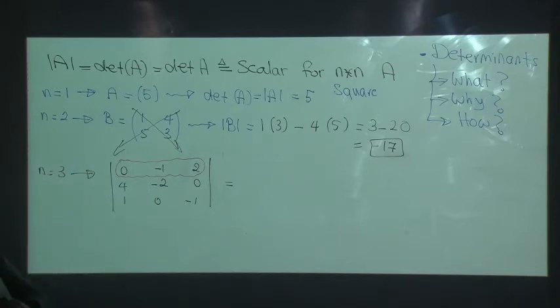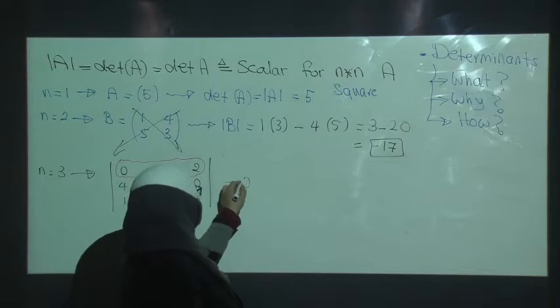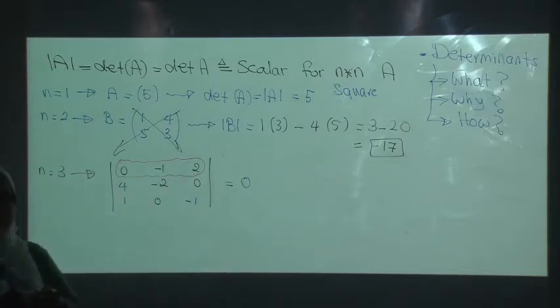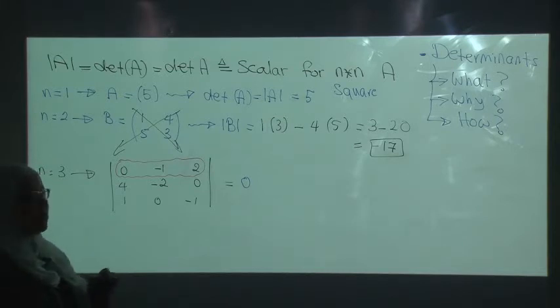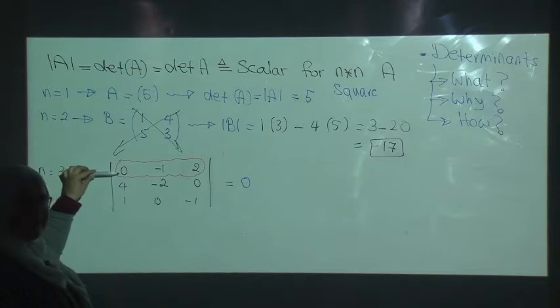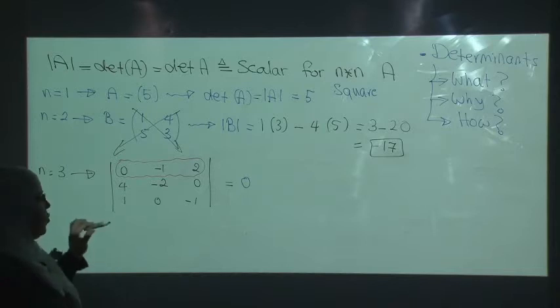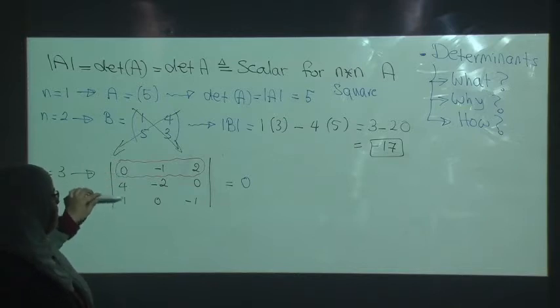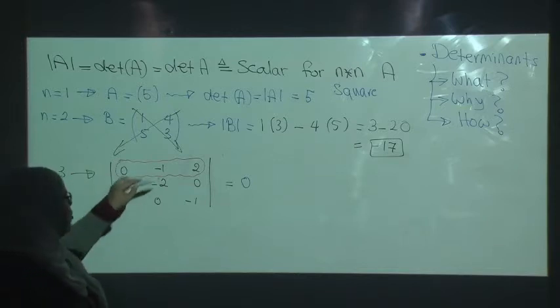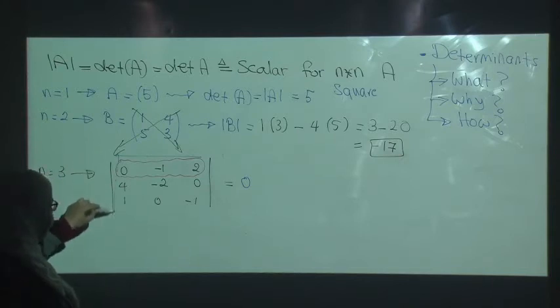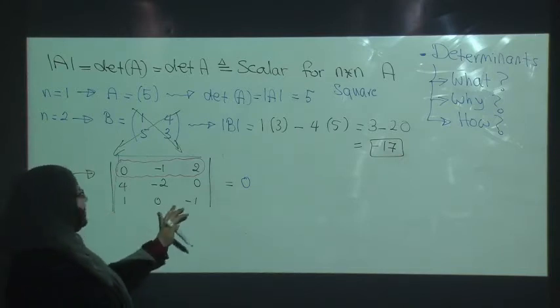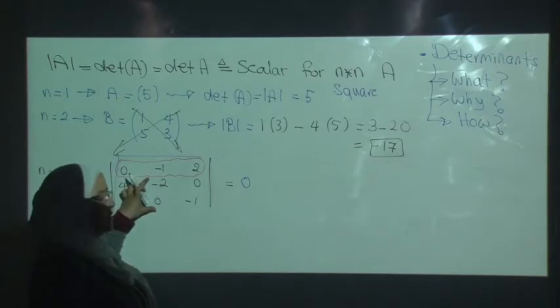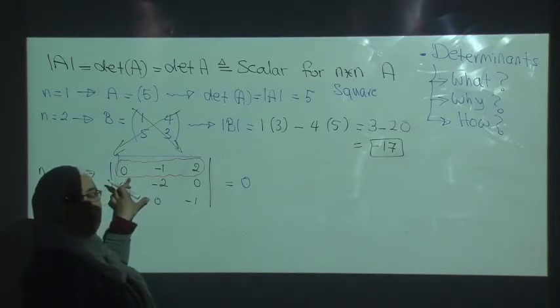We will multiply every element of the row by the determinant of the matrix which doesn't include the row where that element exists, nor the column where it exists. Here the first element is 0, so we will remove its row and the first column, right? We will be left with this small 2 by 2 matrix, which is called the cofactor of 0.